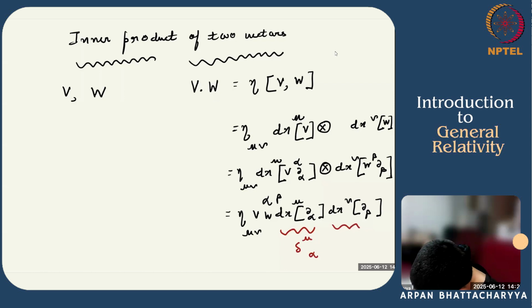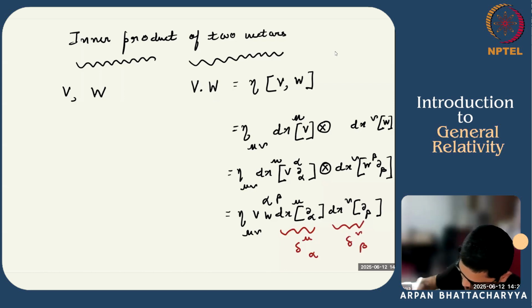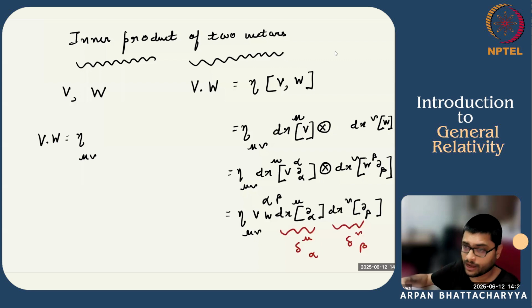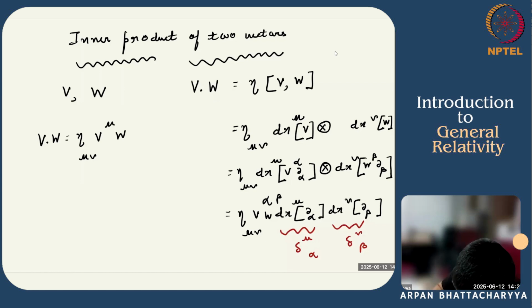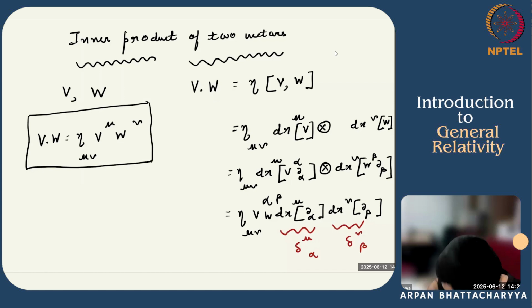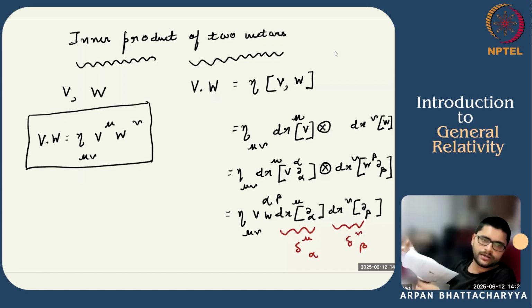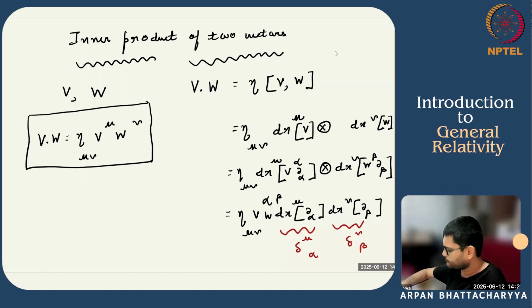Okay, and let's simplify this. We have v, w, then η_μν. We have to set μ and α the same, and μ and β the same. So this is how you get the inner product of two vectors with the help of the Minkowski metric.